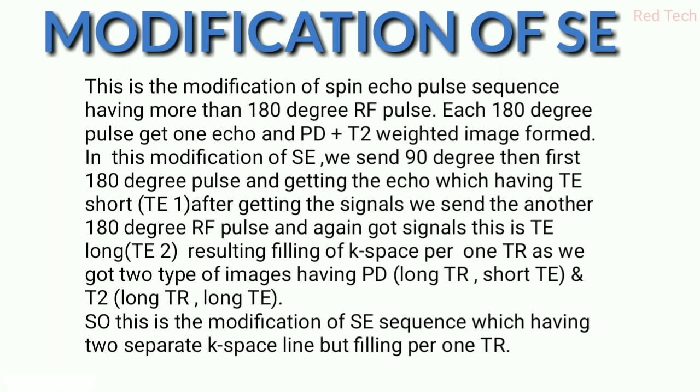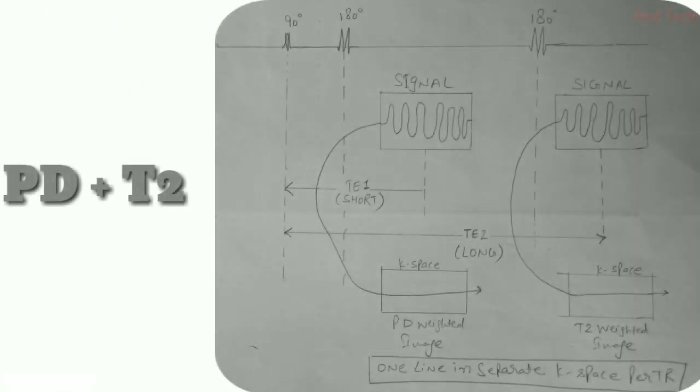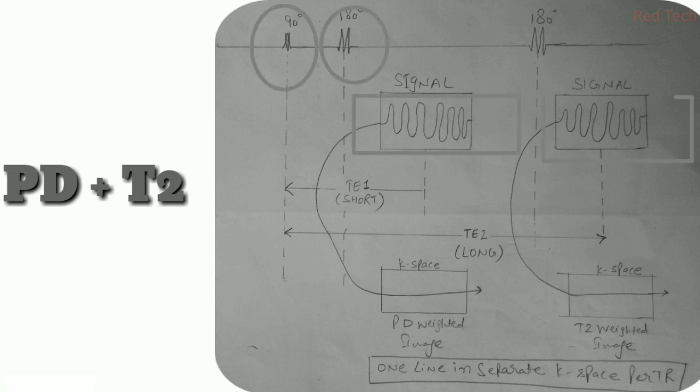Now we are going to look at the diagram of the modification of spin echo. Here you can clearly see the first 90-degree pulse, then the 180-degree pulse, and then another 180-degree pulse also applied.